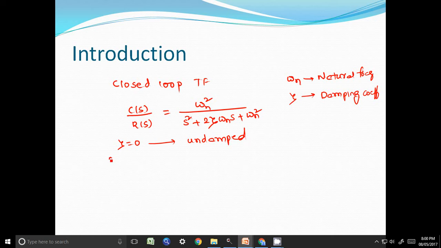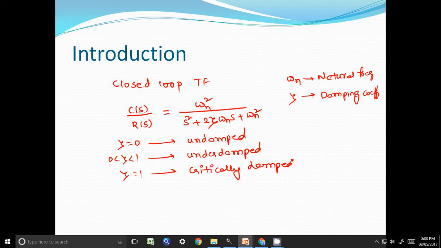If zeta is between 0 and 1, it is an underdamped system. If zeta equals 1, it is a critically damped system. If zeta is greater than 1, it is an overdamped system.